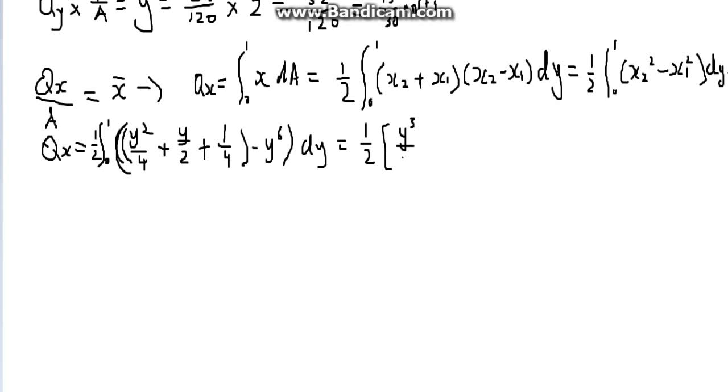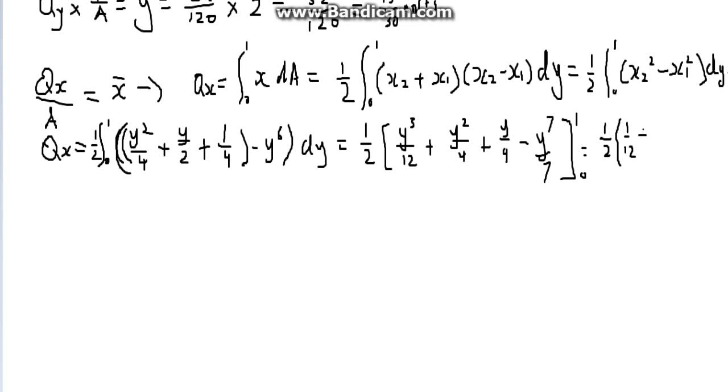Y to the power of 3 divided by 12 plus y to the power of 2 divided by 4 plus y divided by 4 subtracts y to the power of 7 divided by 7. Close the whole thing, integrating between the two limits. You get half outside, don't forget the half, guys, keep carrying through. 1 over 12 plus, okay, 1 over 4, 1 over 4, remember, substituting 1, you get a half again, takes 1 over 7. And doing some quick simplification, you will get 74 over 168.